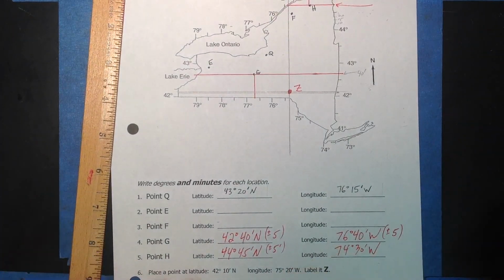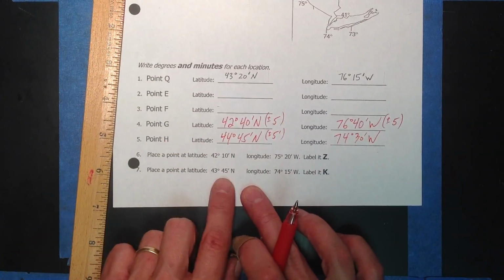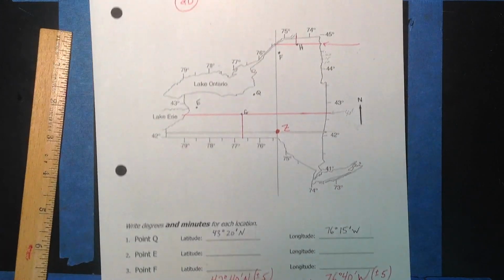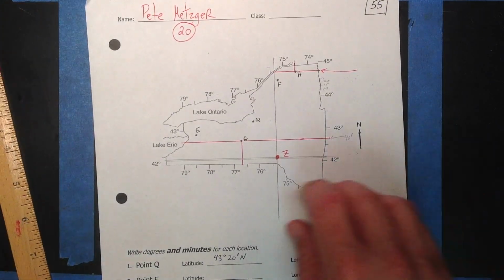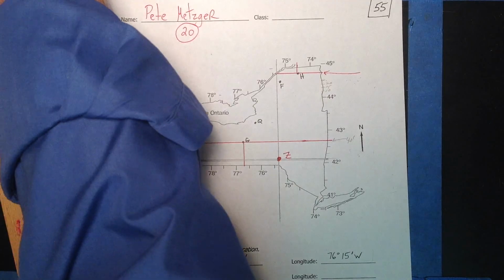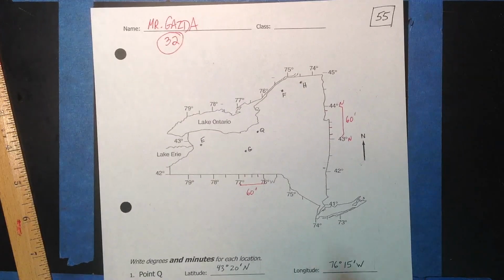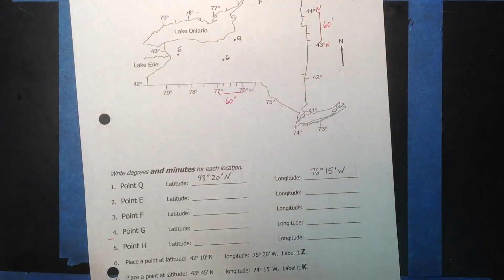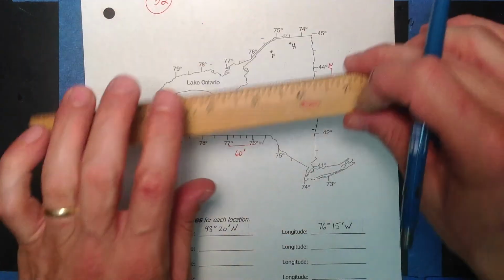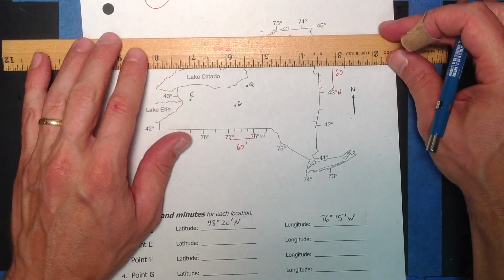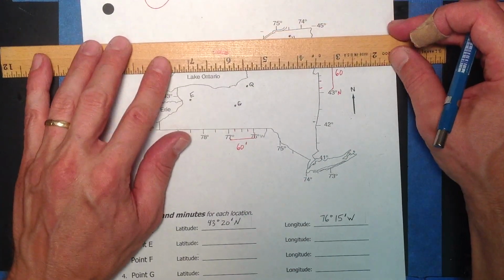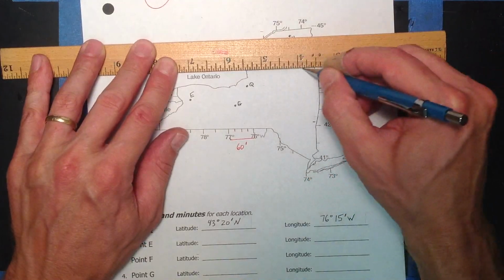Alright? And then the last one, I am drawing a latitude of 43:45. So this is how you should do it. 43:45. Yeah, I'm going to do this right here. 43:45 is right like here. 43:45 is like right there.